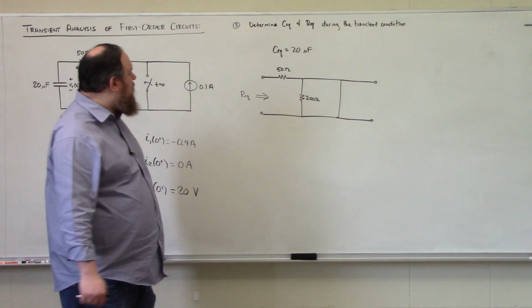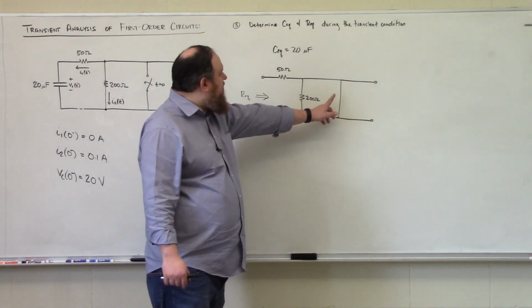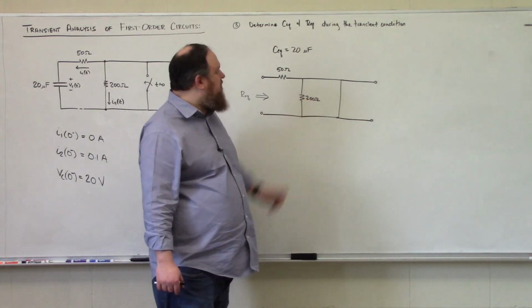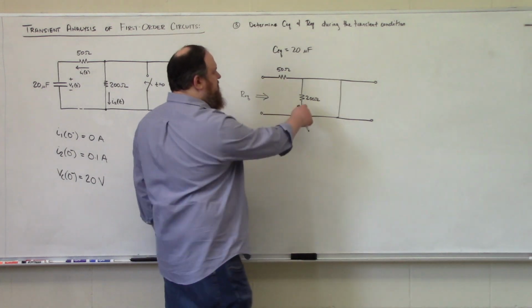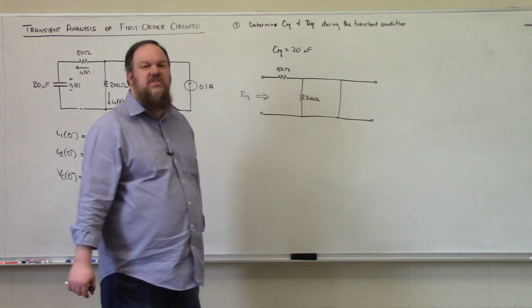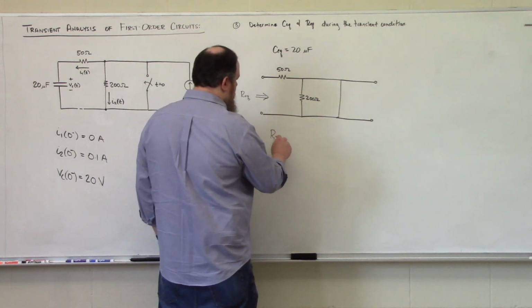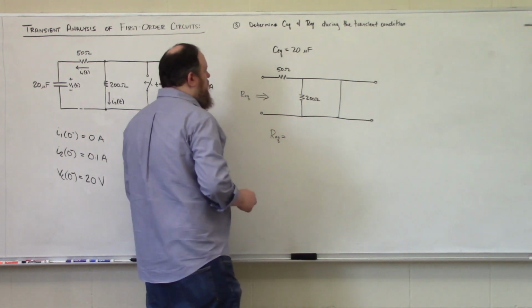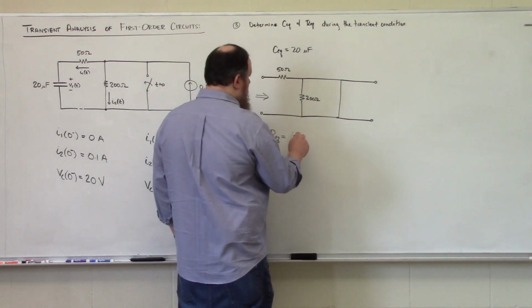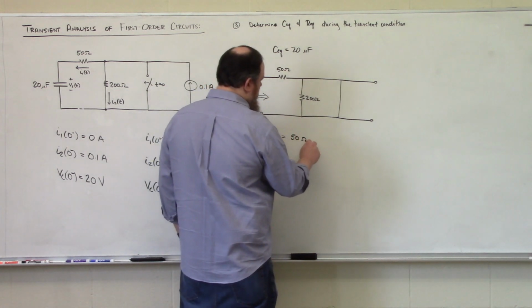Looking at this network, we can see that this short circuit is in parallel with this 200 ohm resistor, which means the 200 ohm resistor will not contribute to the resistance. And so REQ is equal to 50 ohms.